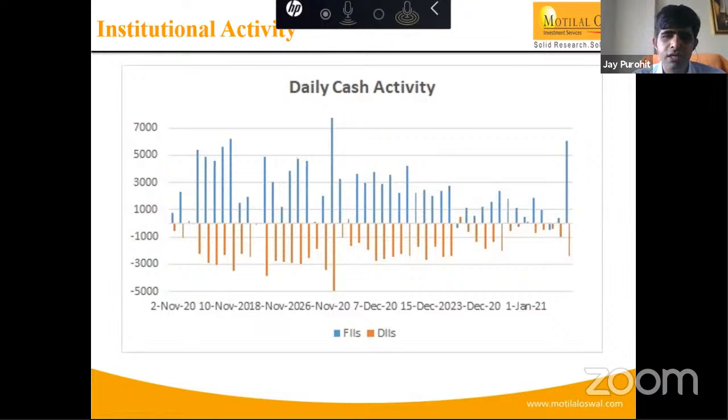So it strongly indicates that they are in no mood to short sell this market or to exit their equities at current levels. In fact, on Friday also they pumped in more than 5,000 crores at 14,300 kind of levels.